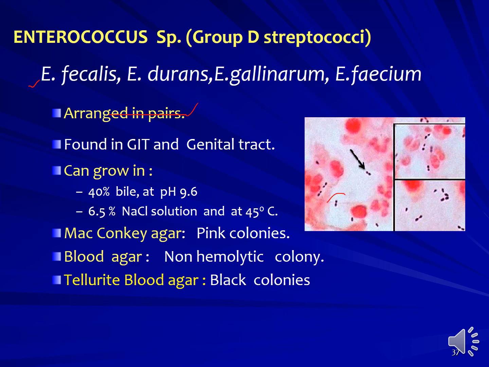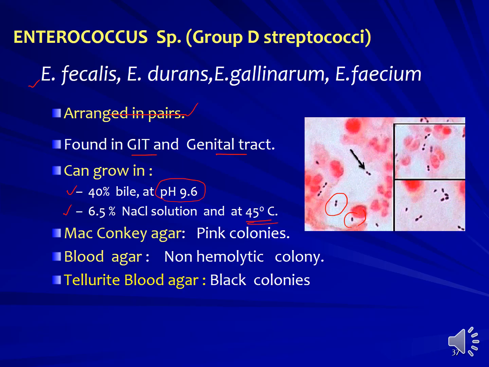They are found in the GIT and the genital tract, and have unique growth features. They can grow in the presence of 40% bile and a high pH like 9.6, and also in 6.5% sodium chloride solution and at a high temperature like 45 degrees centigrade. None of these are shown by the other streptococci.